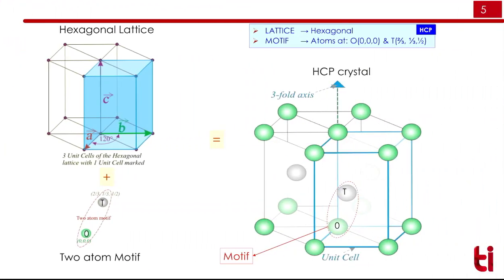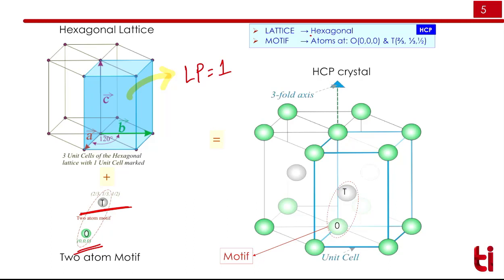So you can see here there is a primitive unit cell of rhombic prism. This is called primitive because total number of lattice points is equal to 1. So if you take this unit cell and if you take a basis of 2 atoms, one atom situated at 0, 0, 0, another at 2/3, 1/3 and 1/2, we will get a hexagonal unit cell.